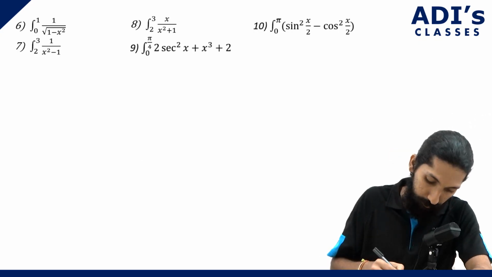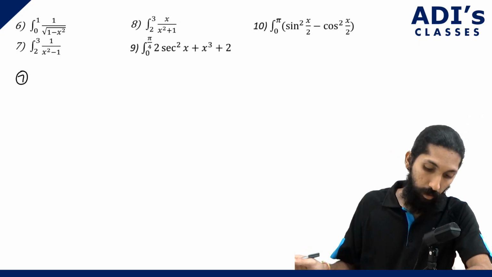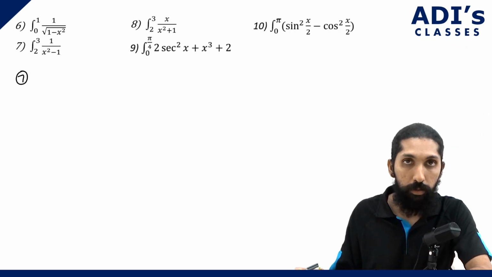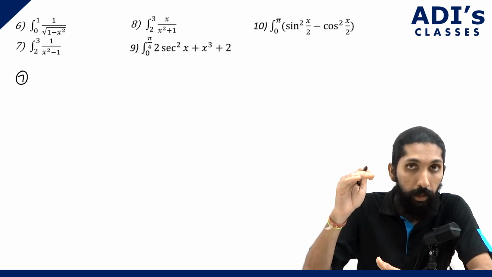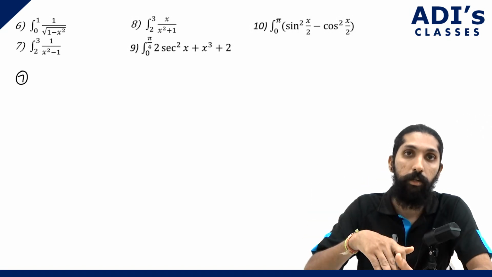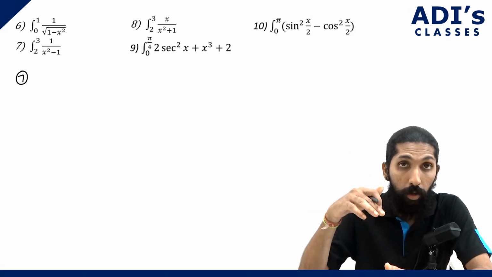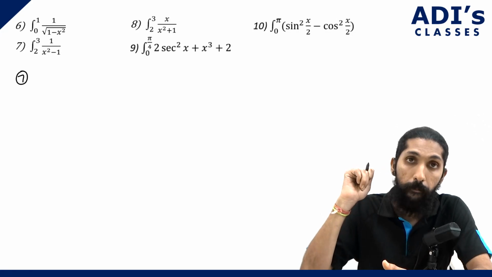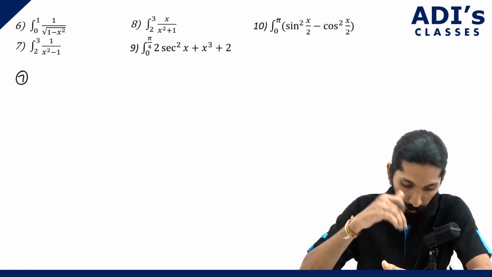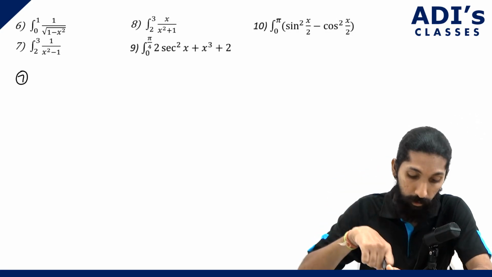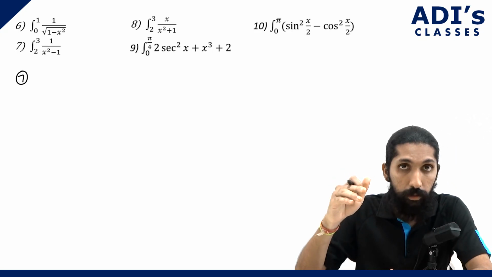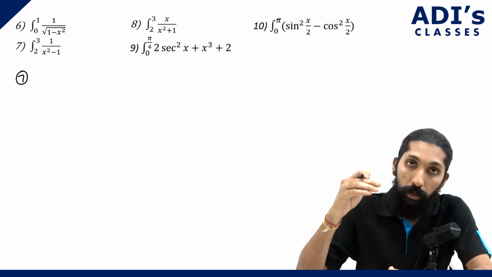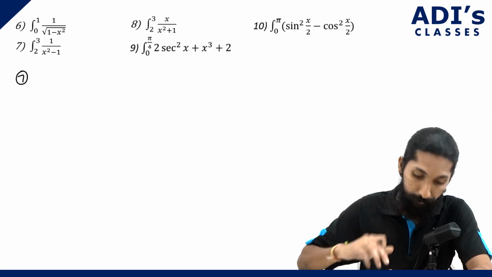See the seventh one. 1 by x square minus 1. This integral is of the form 1 by x square minus a square, which is 1 by 2a log of x minus a by x plus a. Isn't it? So the integral is of that particular form itself. So what we are going to do now is substitute that particular integral and apply the values.